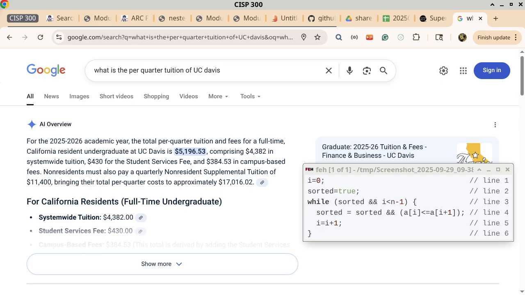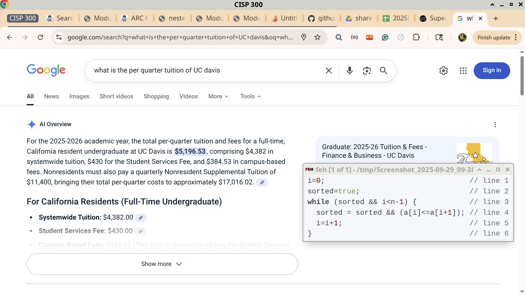But per year, it will be $17,000, and then plus dorm. Dorm is actually expensive, probably around 1,000 per month to 1,400, depending on the area. So basically, it's good to figure out things before you transfer. I'm just going to put it that way.